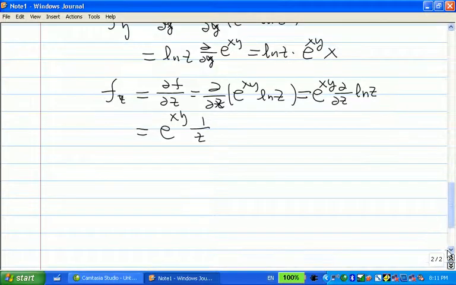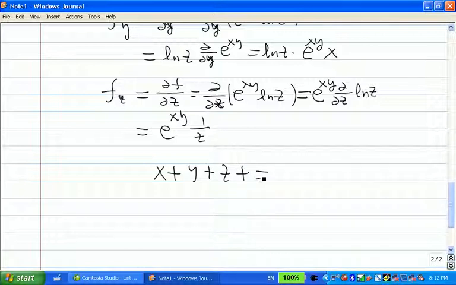Next, how about when your function has been defined as an implicit function? For example, I have an equation like this. So ask yourself, what's the graph of that? You look at the left hand side, you see x, y, z there.